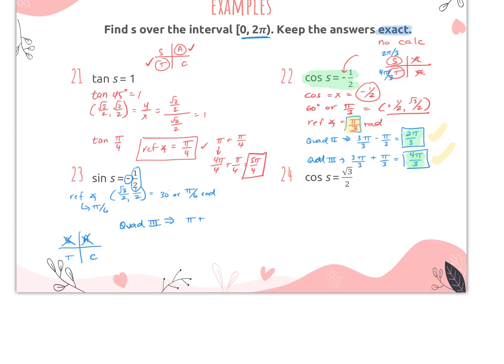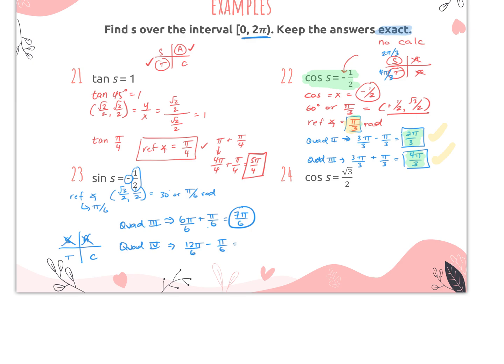In quadrant 3, I'm going to find my angle by doing, I know the formula is pi plus pi over 6. So pi plus pi over 6 is the same as 6 pi over 6 plus pi over 6, and that's going to be 7 pi over 6. So that's one angle. And in quadrant 4, I know my formula is 2 pi minus pi over 6. 2 pi is the same as 12 pi over 6.